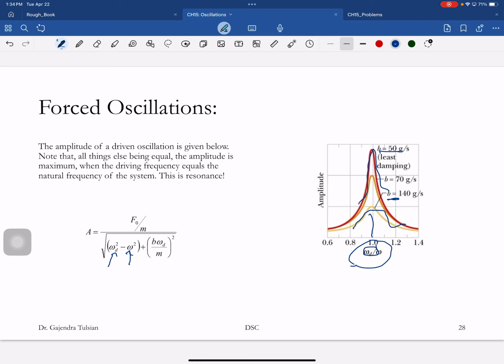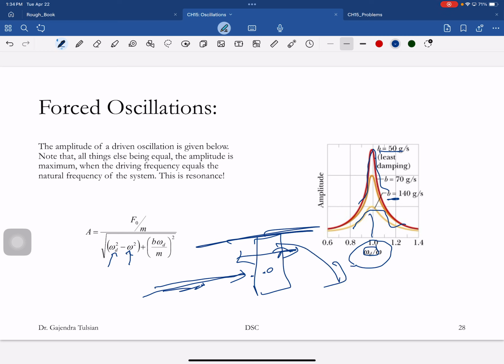Whenever you build large structures, as an engineer, all structures will have natural frequencies of oscillation. If the wind blows and it's exerting a random external force, and the frequency at which it exerts a force matches this frequency, then you can have large amplitude oscillations and the structure can crumble.